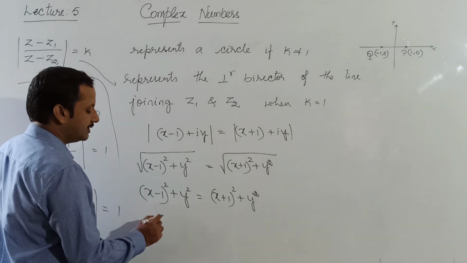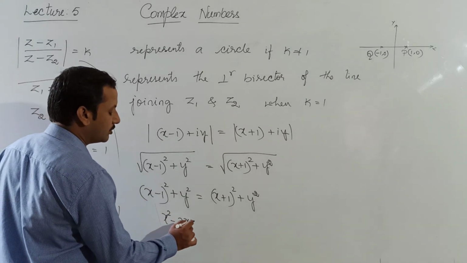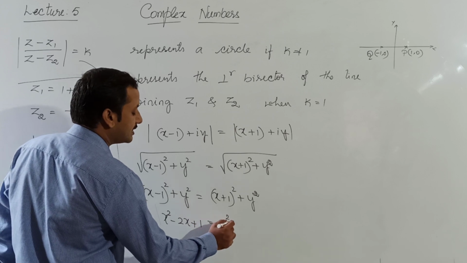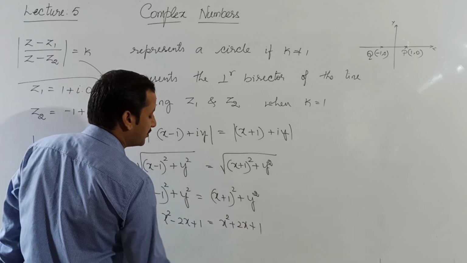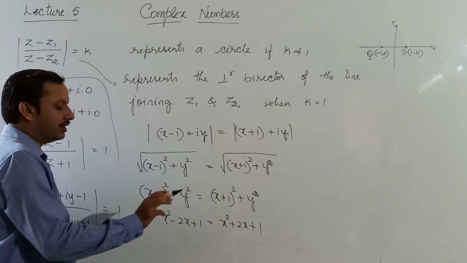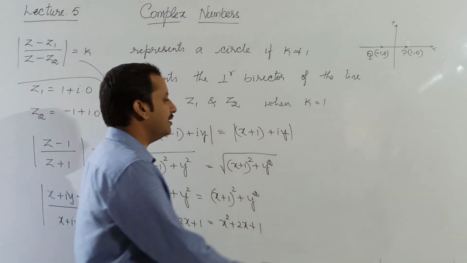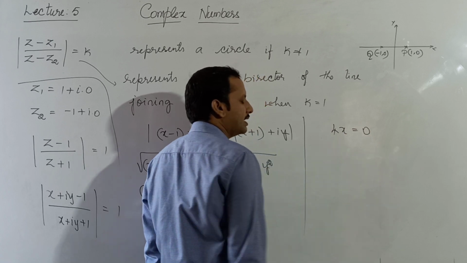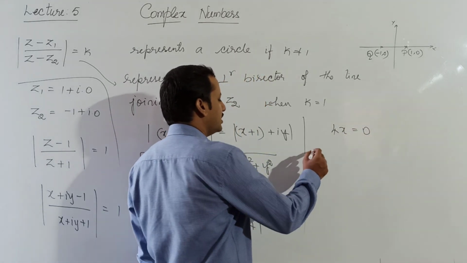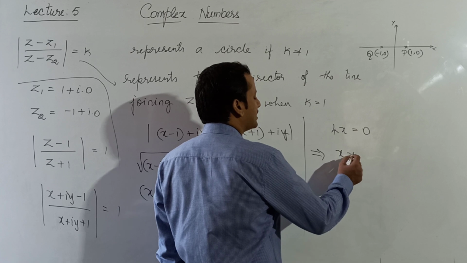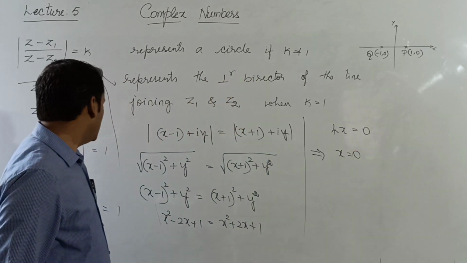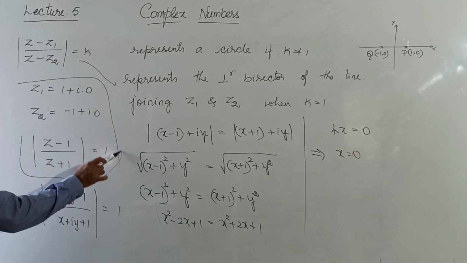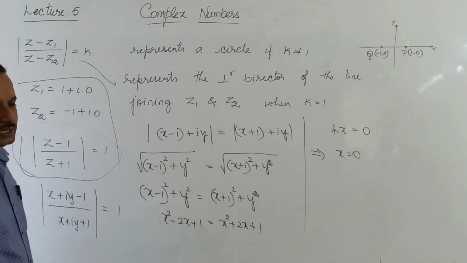If I expand this, I get x square minus 2x plus 1, and on the RHS x square plus 2x plus 1. So x square gets cancelled, 1 also gets cancelled. We are left with minus 2x equal to 2x. In other words, that implies 4x is equal to 0, which will imply that x is equal to 0. So this represents the line x equal to 0.